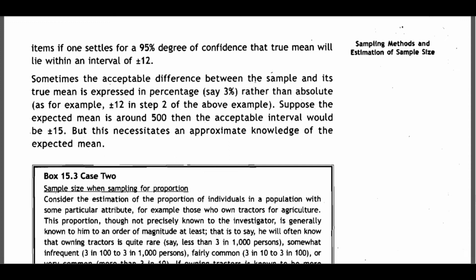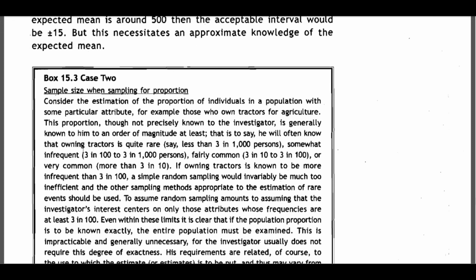Sometimes the acceptable difference between the sample and its true mean is expressed in percentage rather than absolute terms, for example, plus or minus 12 in step 2 of the above example. Suppose the expected mean is around 500, then the acceptable interval would be plus or minus 15. But this necessitates an approximate knowledge of the expected mean.